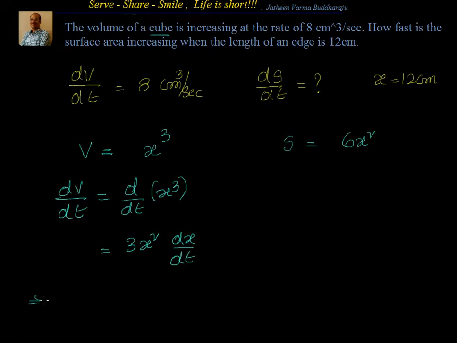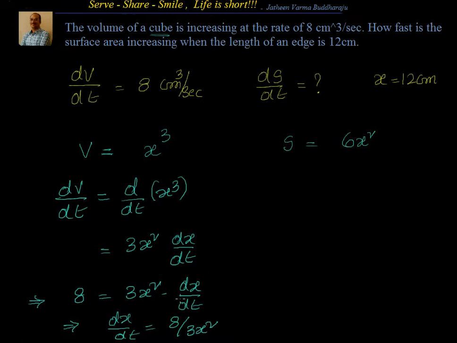That gives us 8 equal to 3 into x square into dx by dt, or dx by dt is equal to 8 by 3x square.